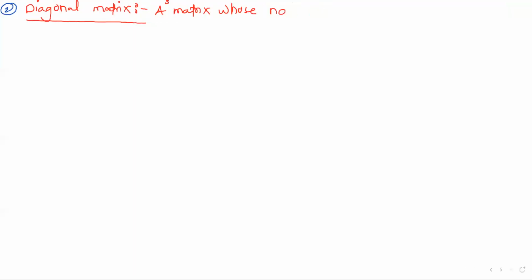A diagonal matrix must be a square matrix.